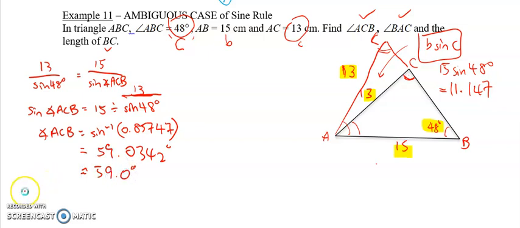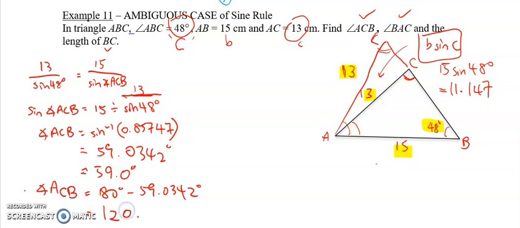For the other possible value of angle ACB, we can use 180 degrees subtract. We will get 120.965 degrees.